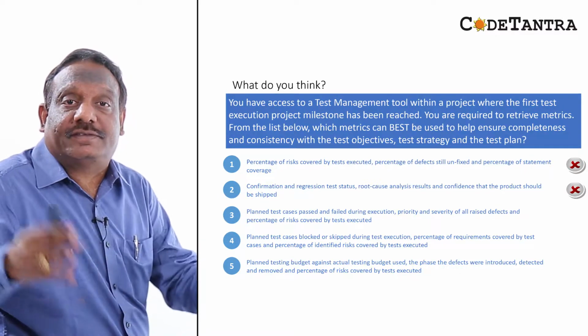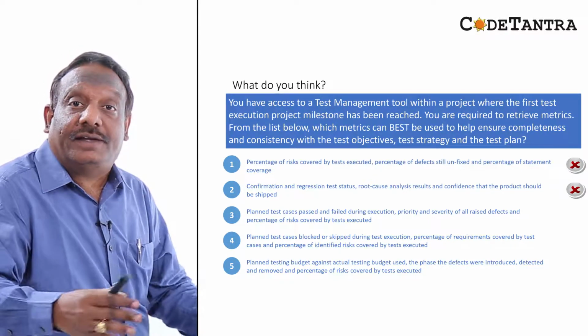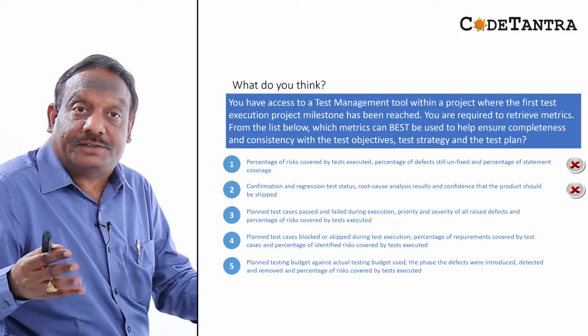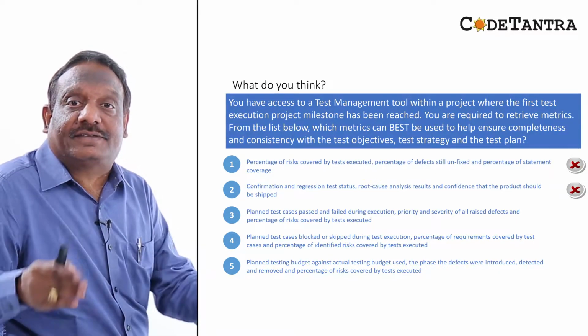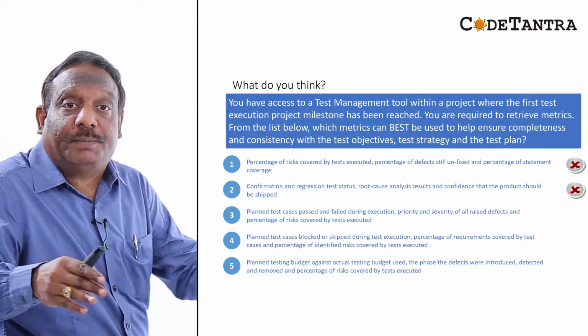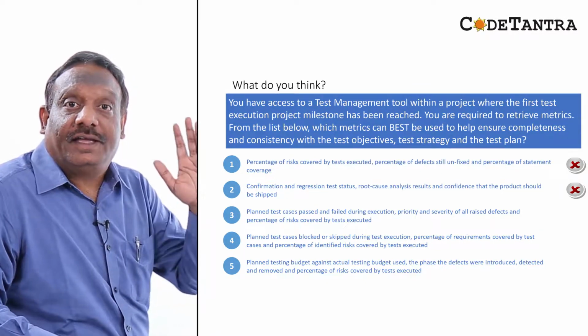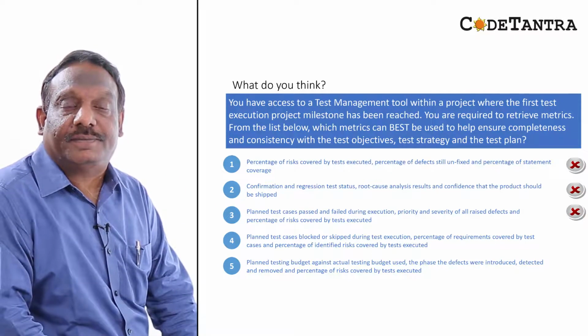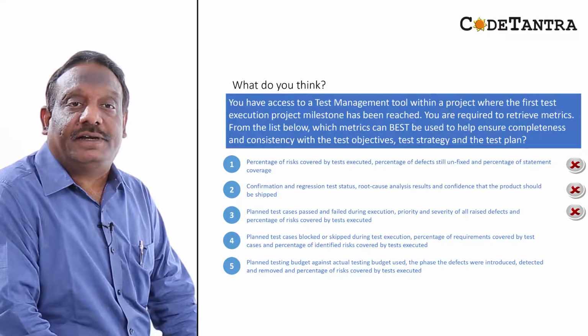It's more a progress related thing, and priority and severity is also not really about completeness and consistency. But the third one, the risks covered by the tests executed, can be. So it is not a statement that can be considered completely true. So it is a false statement. You are right.